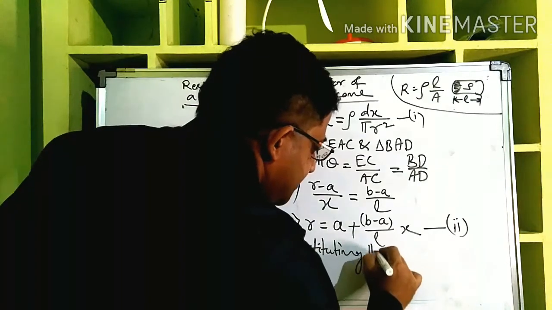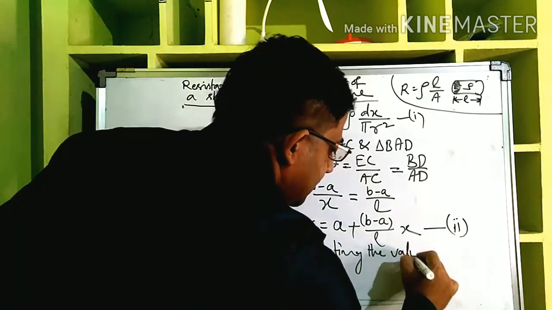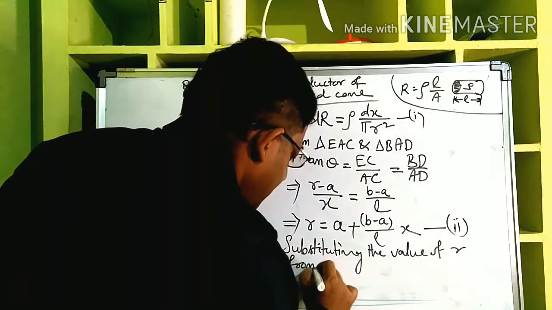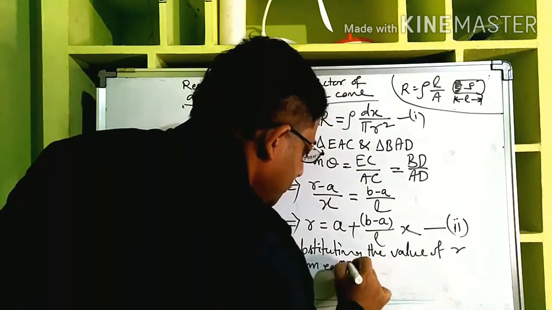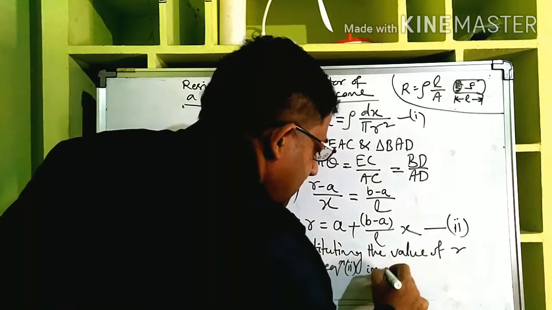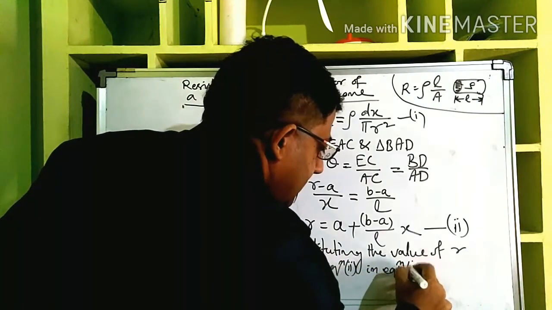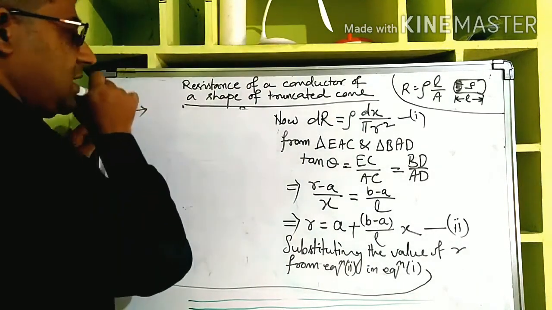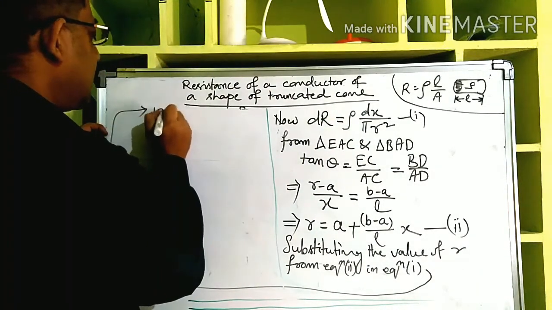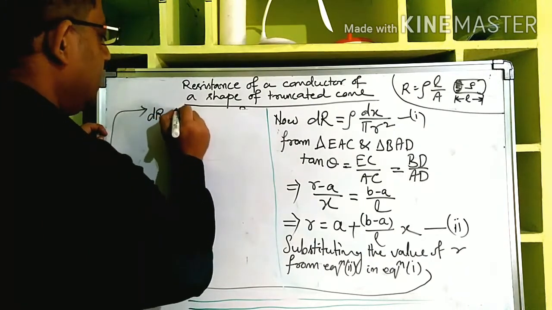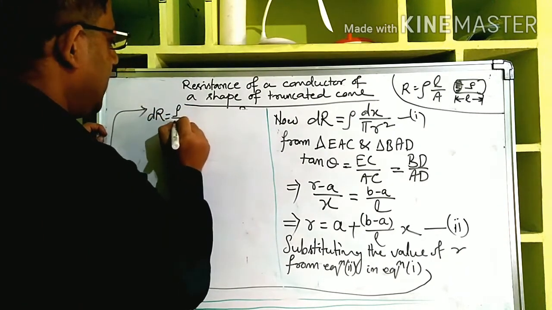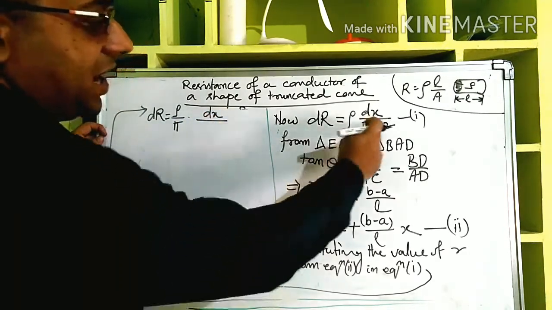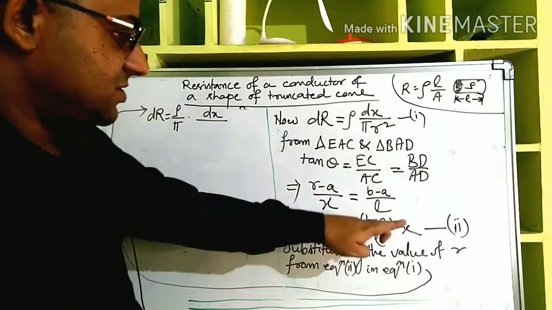Substituting the value of r from equation 2 in equation 1. From here I am writing dR is equal to rho by pi dx divided by r square, and r is equal to this much in equation 2.